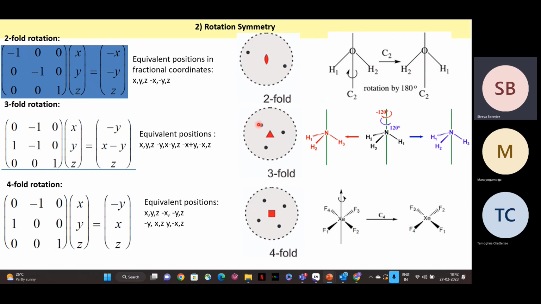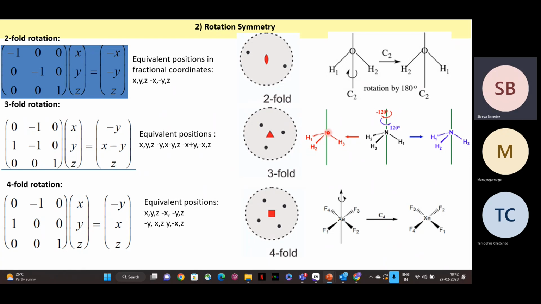So water is said to have a two-fold rotational symmetry. A three-fold rotational symmetry is when you have a triangular arrangement like this, and the axis passes through the middle. If you rotate the points by 120 degrees, the points exchange with each other, and that is called a three-fold rotational symmetry. An example is the pyramidal ammonia molecule.